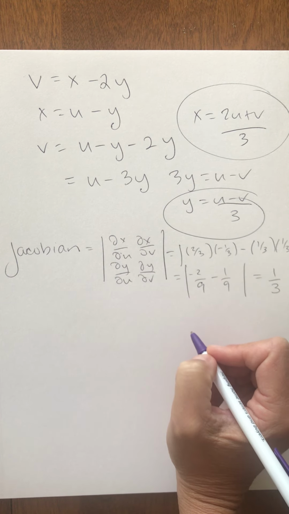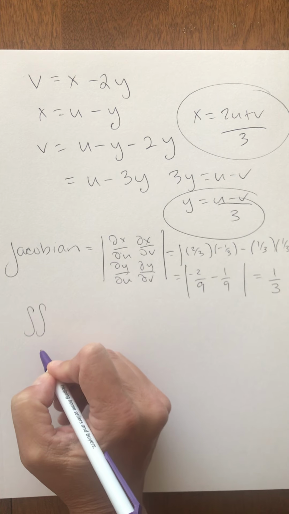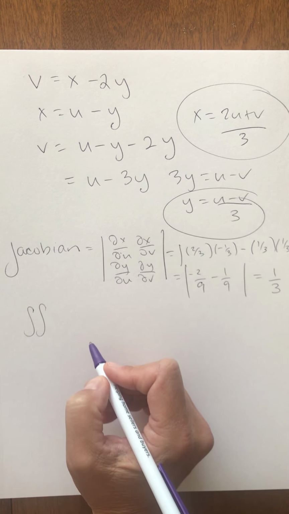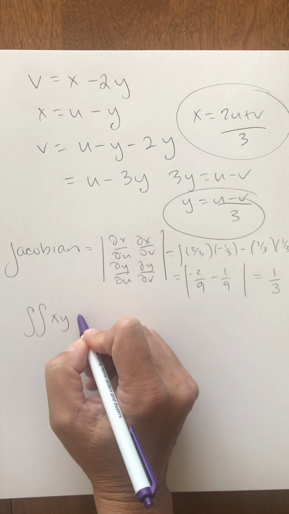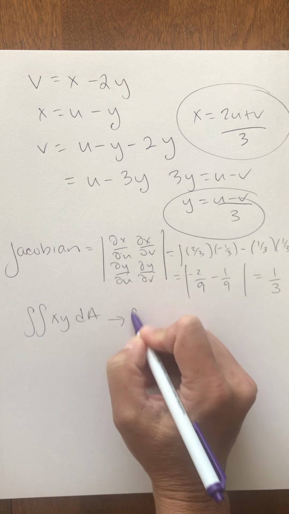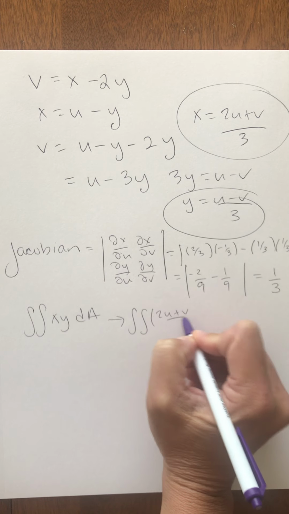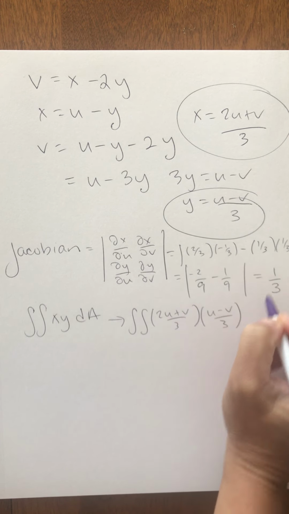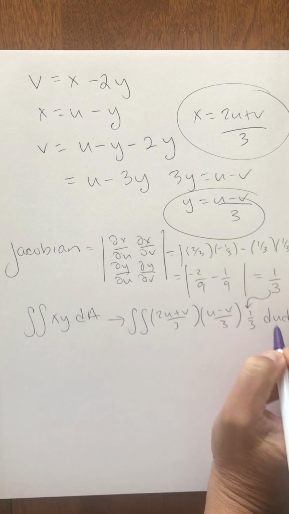So this is going to be my Jacobian that I'm going to stick into my double integral. So I have the double integral of, well, what was my function I gave you? I believe it was xy dA. So now I'm going to turn this into the double integral of x, 2u minus v over 3, y, u minus v over 3, Jacobian, and now I have du dv.